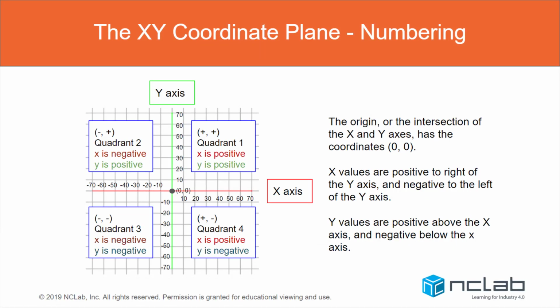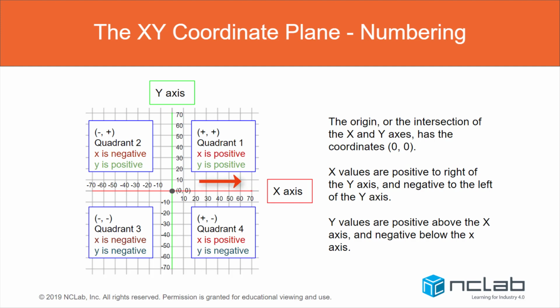The way the coordinate plane is numbered is that the point of intersection between the x and y axis is called the origin, and that is 0 x and 0 y. And we write it like this, in parentheses: 0, 0, and the first 0 stands for the x value, and the second is the y value.